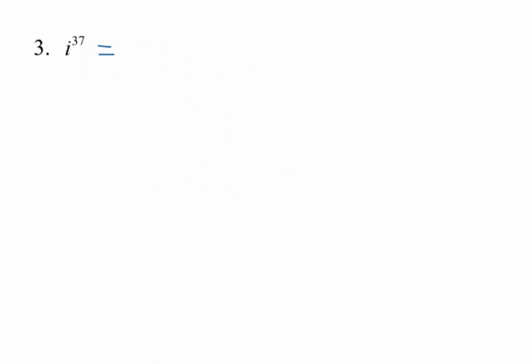I'm going to show you a different method and see if you like this. So some students like looking for i squared, like we did in examples 1 and 2, and then some students like looking for i to the 4th. Now, why do you think we're looking for i to the 4th? Well, let me remind you, i to the 4th is i squared squared, right? Which is negative 1 squared, which is a 1.